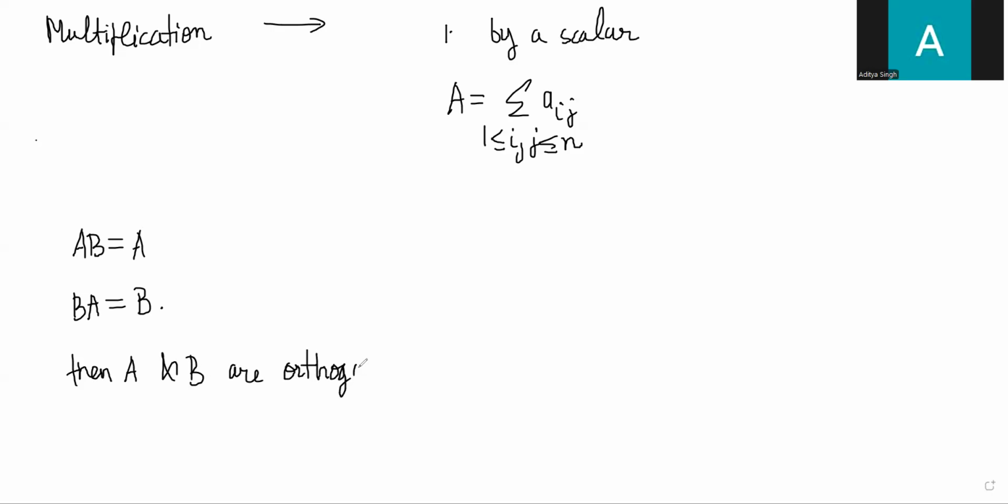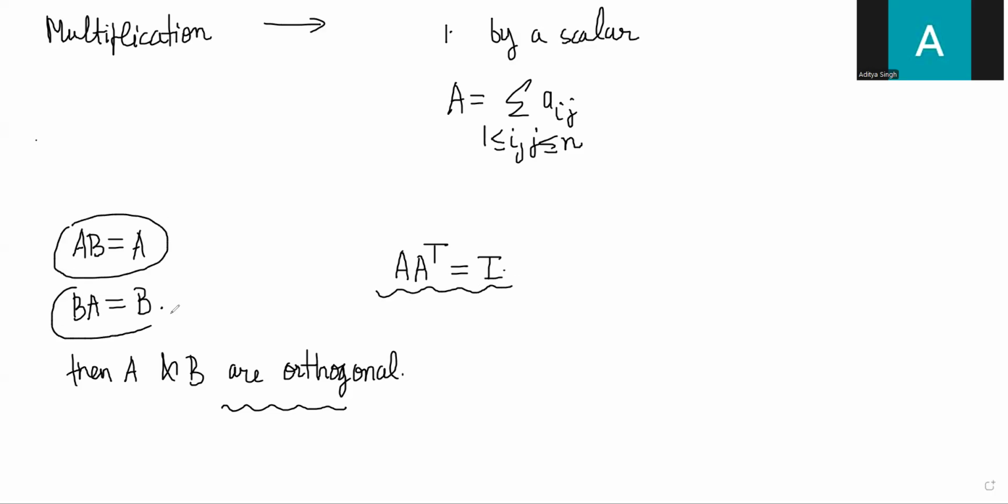Sir, A square is equal to A. Sorry, A into A transpose is equal to I. तो अगर ठीक से पता ही नहीं है तो कैसे चलेगा काम? अगर तुमको कंफ्यूजन है डेफिनेशन में तो फिर नहीं बना पाओगे ना क्वेश्चन। A into A transpose is equal to I, so we just need to prove that this happens if these two conditions are there, right?